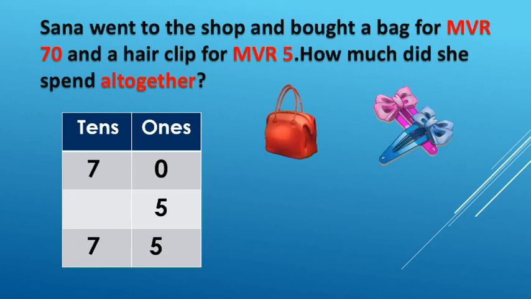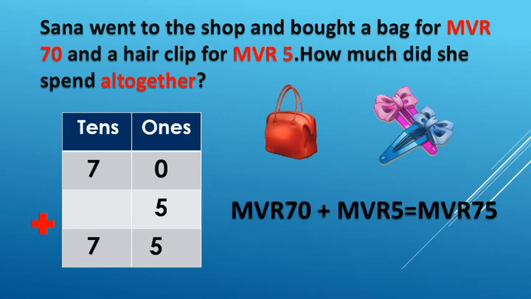Okay, so 0 plus 5 is equal to 5, and in the tens place, here it is 7. You have to write 7. So the total amount is 75. So 70 rupiah plus 5 rupiah is equal to 75.